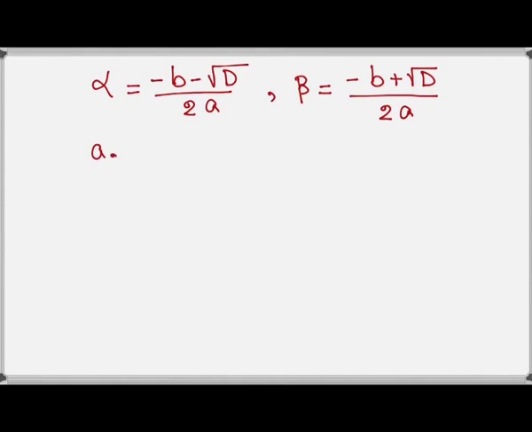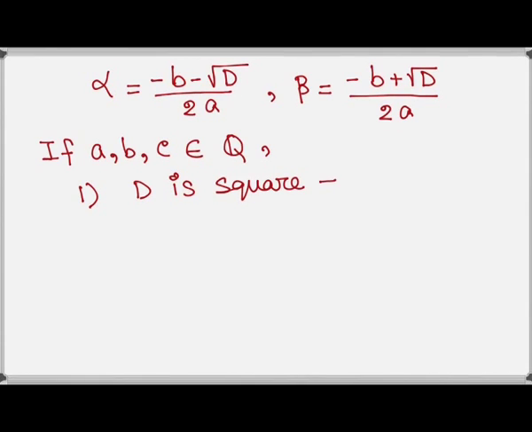Let us make a small note here. If a, b and c are all rational numbers, then we can say if d is a square, then alpha beta are rational numbers.